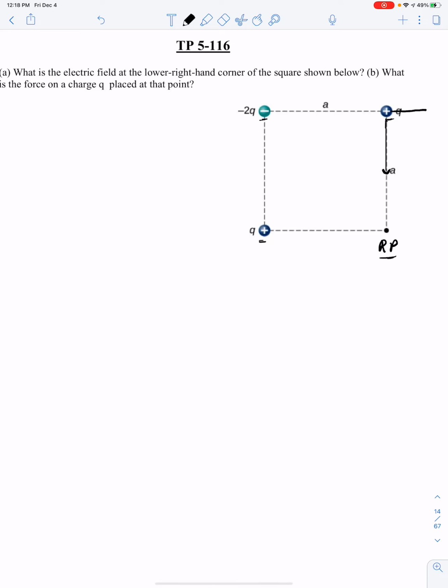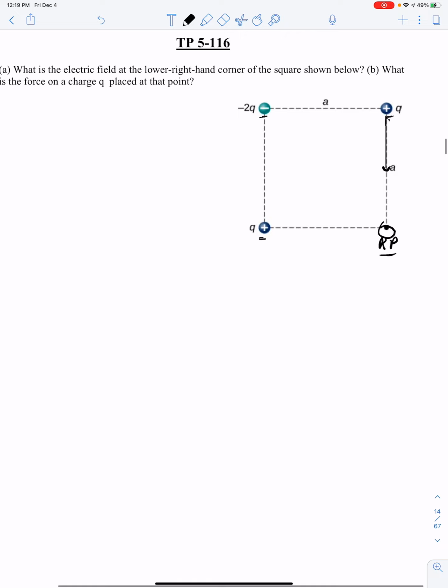So go this way, that way, this way. But we're only focused on the reference point. So the electric field pointing downwards is the thing that we care about, not the others. Only the direct line that is pointing at the reference point. So we understand that this particle right here is pointing directly at the reference point.